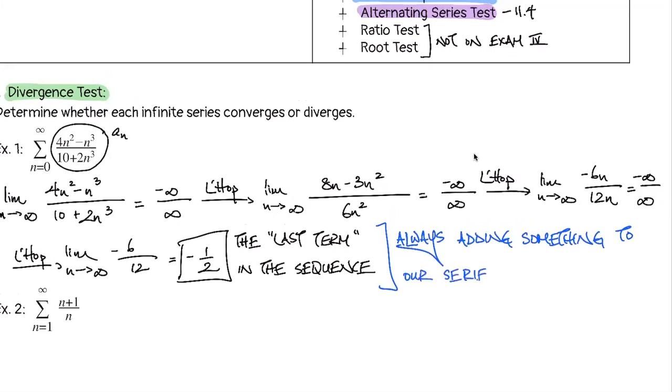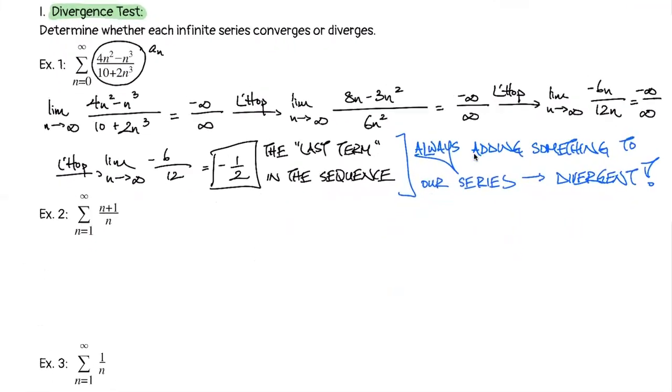And so if we're always adding something else onto our series, what that means is that it is divergent. Okay, that our infinite series does not converge because we're always adding something more. Right? Does that make sense to folks?